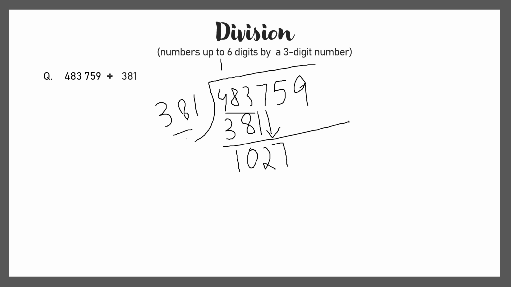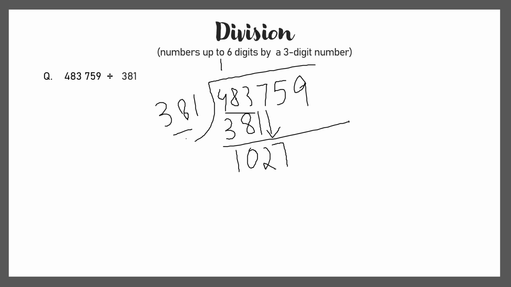Okay, now it has become 1027, so we will have to see 381, if we do it with 2, let's check it. 381 multiplied by 2 will be 762, which is smaller than 1027.